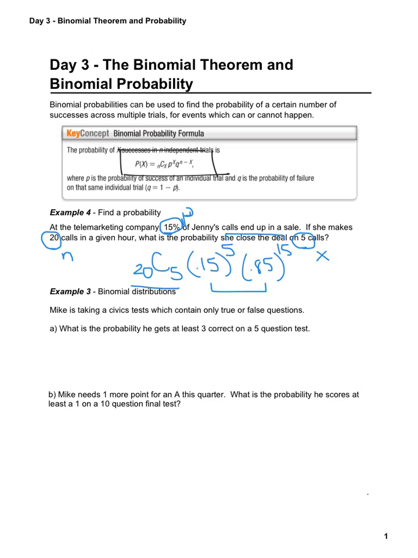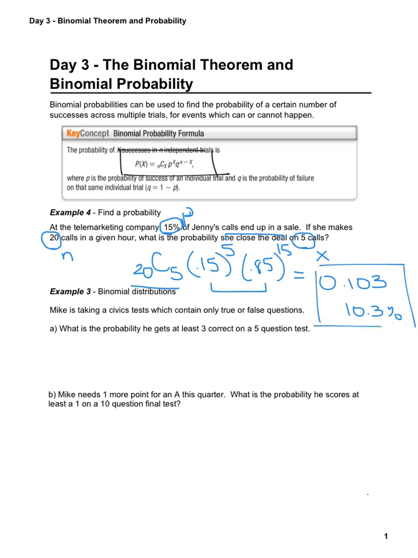At this point, I can use my calculator. I type in 20 choose 5 times 0.15 to the 5th times 0.85 to the 15th. You wind up with 0.103. So she has a 10.3% chance of making 5 sales in 20 calls.